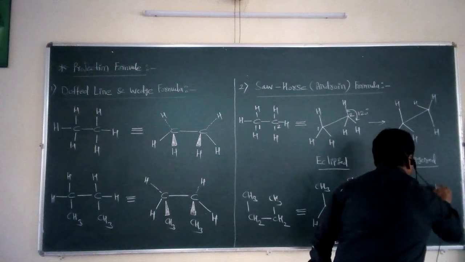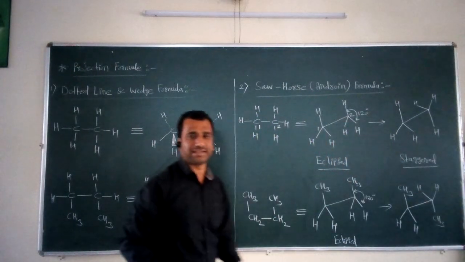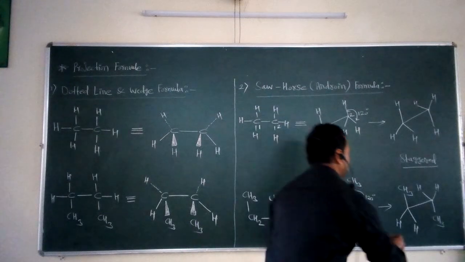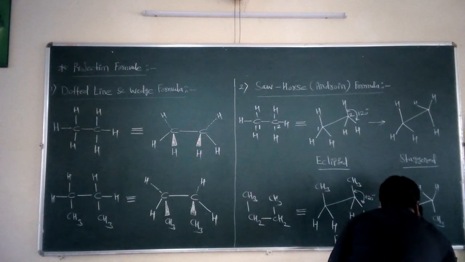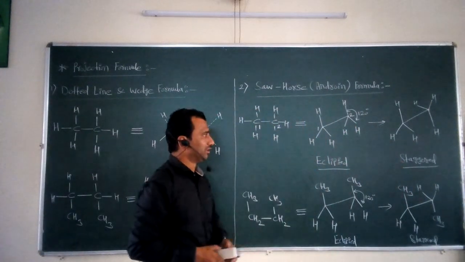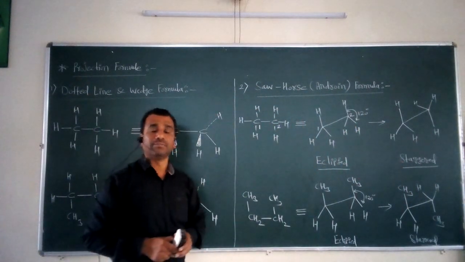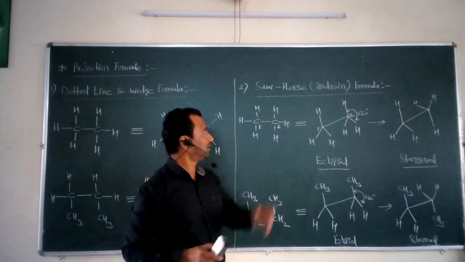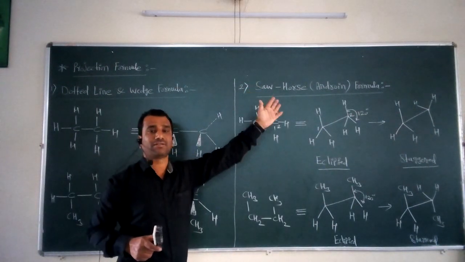These are the two hydrogen atoms. So this is called the second form of this n-butane molecule. What is the name of this formula? That is nothing but the staggered formula. This is the staggered formula for this n-butane molecule. So this is another important method for showing the molecule in a three-dimensional view, and that is called the Sawhorse, that is Andrein formula.